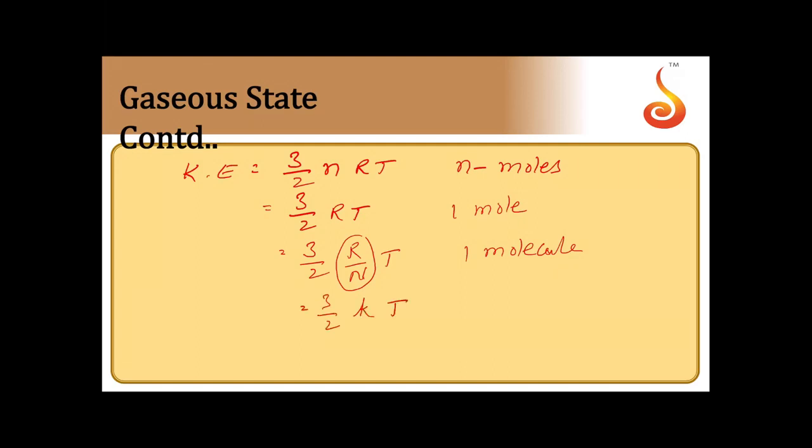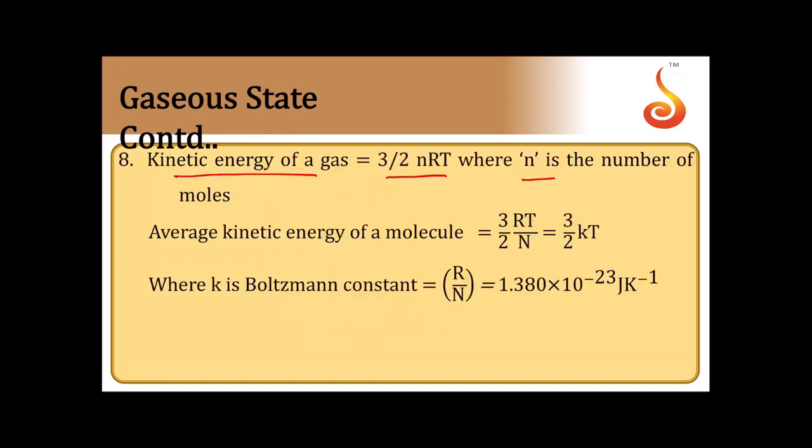So this formula gives kinetic energy for n moles of a gas. This gives per 1 mole of a gas. This gives for 1 molecule of a gas, where K is the Boltzmann constant. So average kinetic energy is equal to 3 by 2 nRT, and if you take average, it is to be per molecule.